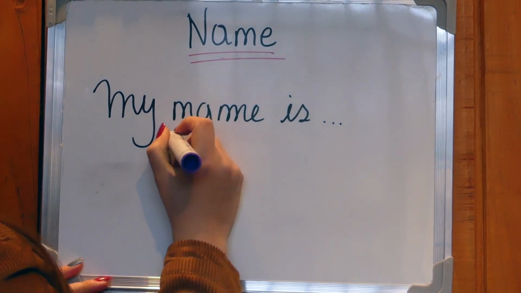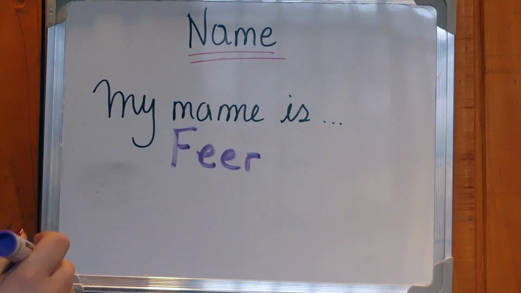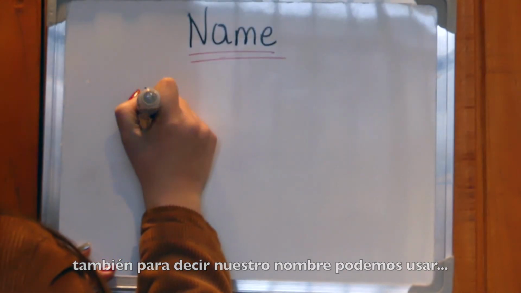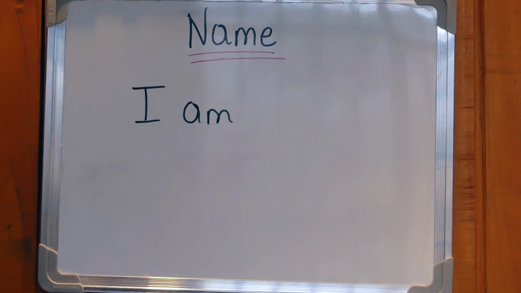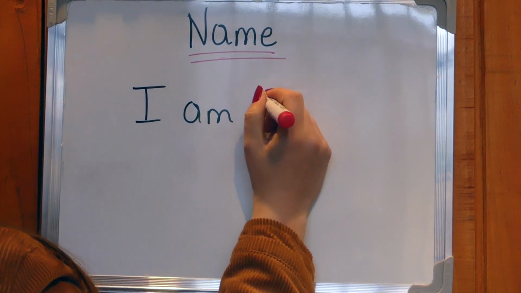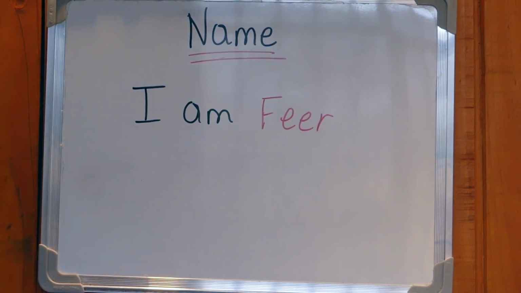So in this case, my name is Feer. Also, to say our name, we can use I am and then our name. I'm Feer. Nice to meet you.